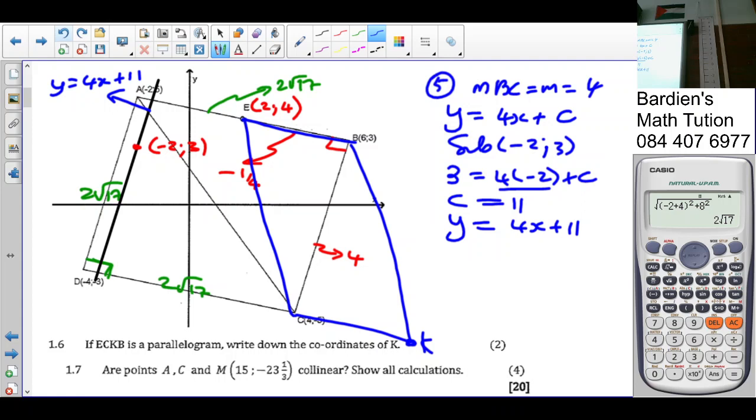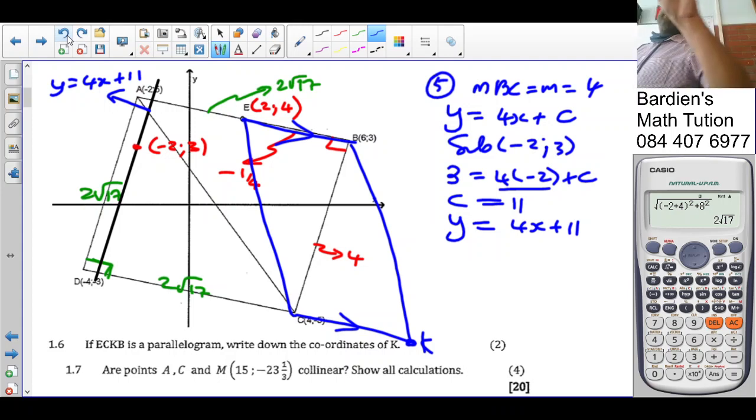So ECKB is a parallelogram. What do we know? Parallelogram, opposite sides are parallel and equal. Opposite angles are equal, and diagonals bisect each other. Right. So considering that information, they want to calculate K.